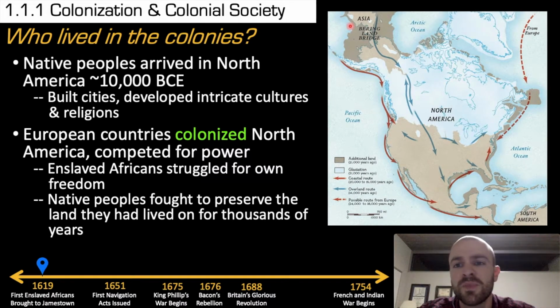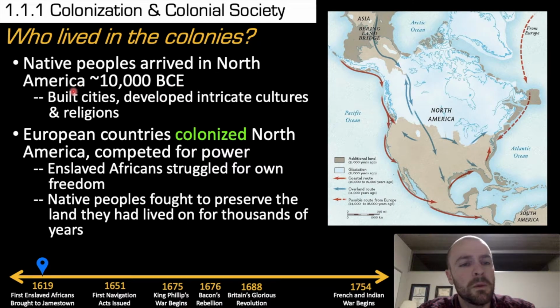Over time, glaciers melted and the sea levels rose, which ended up sinking this land here. But the theory is that Asia is so close to present-day Alaska that native peoples probably traveled along this route all the way down into the modern day United States and then dispersed around the region over the course of thousands of years.